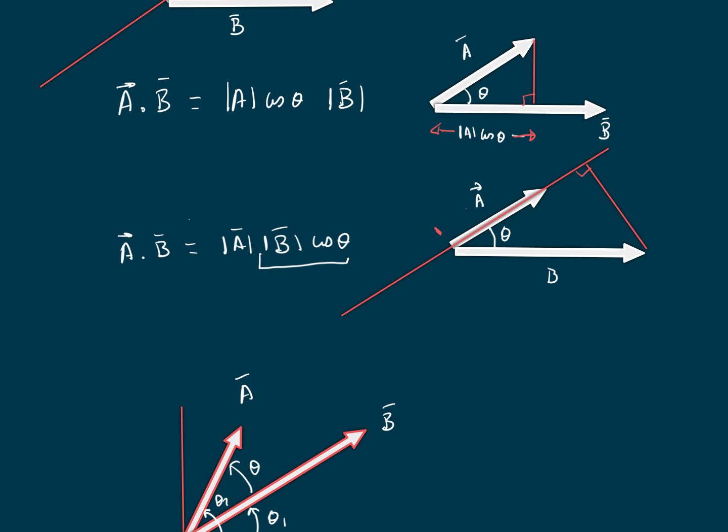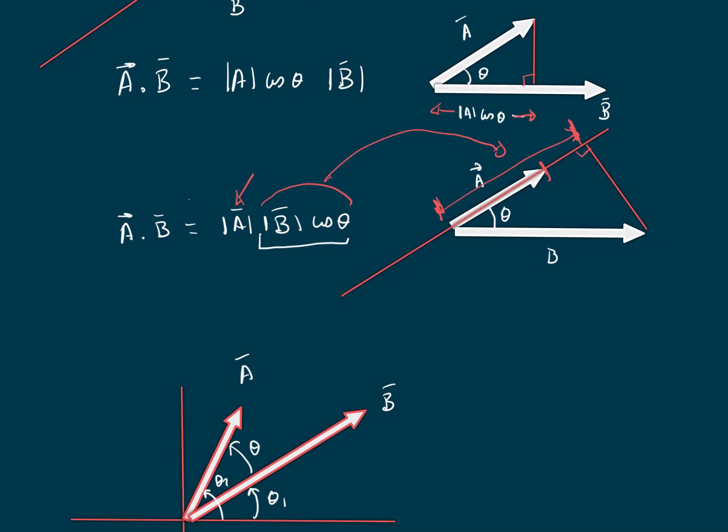You multiply the magnitude of A by this length, the magnitude of B cosine of theta, and that is the dot product. The two things are equivalent.